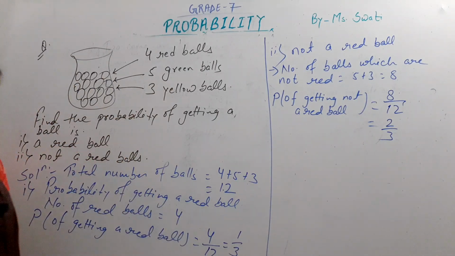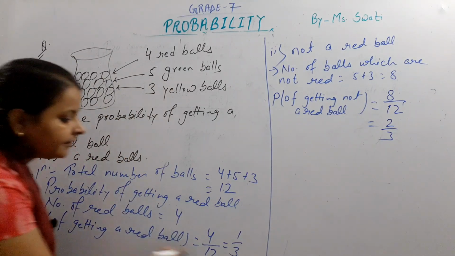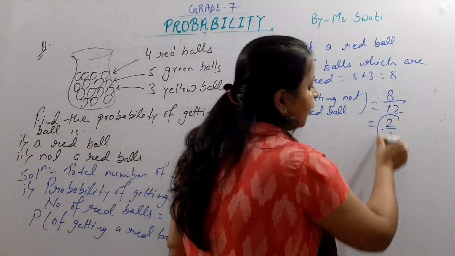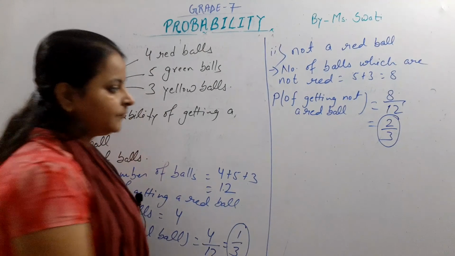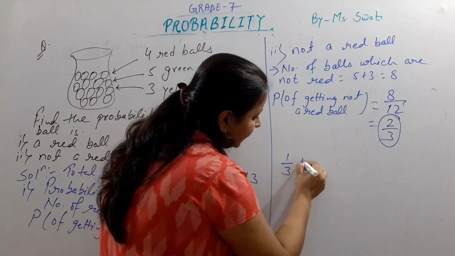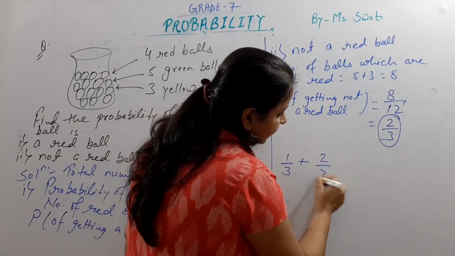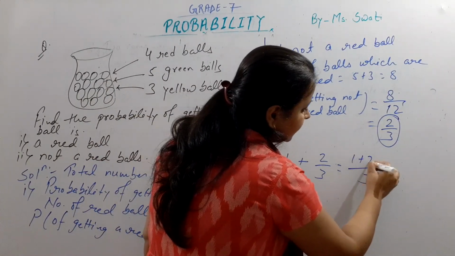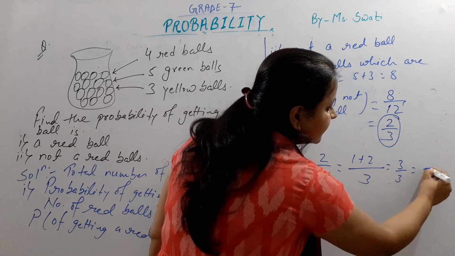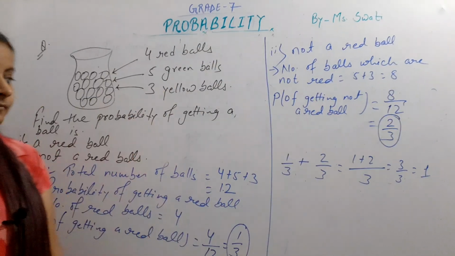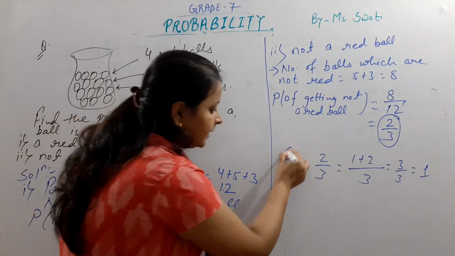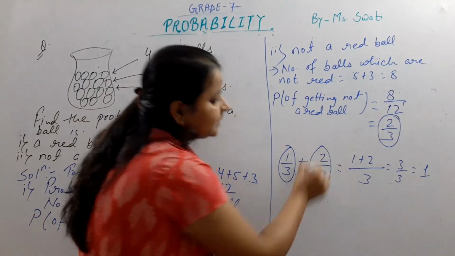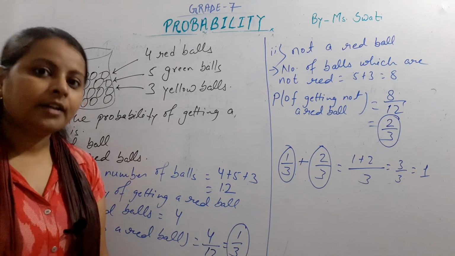Student, what we see here, getting a red ball is 1 by 3 and not getting a red ball is 2 by 3. When we add 1 by 3 plus 2 by 3, what we get? We take the LCM 3, 1 plus 2, that is 3 by 3, that is equal to 1. So what we see here, this is probability of getting a red ball and this is probability of getting not a red ball.